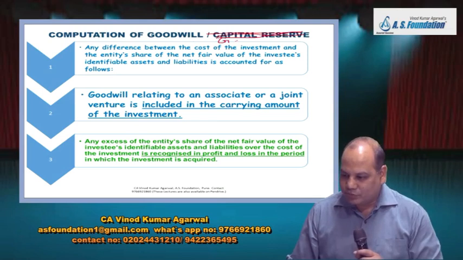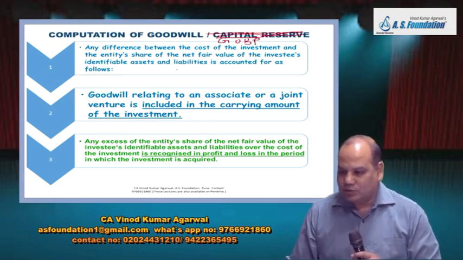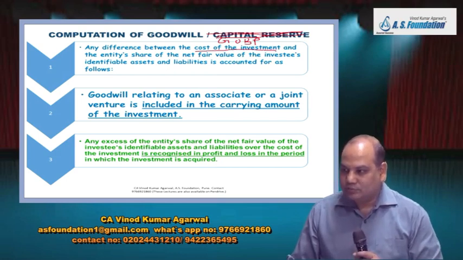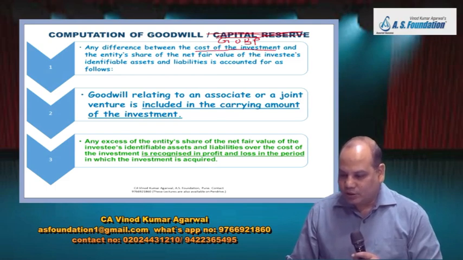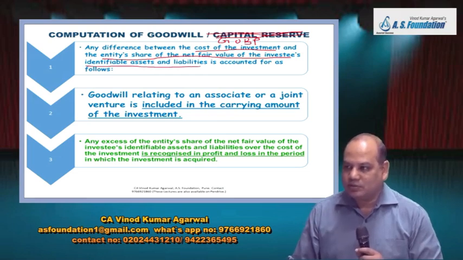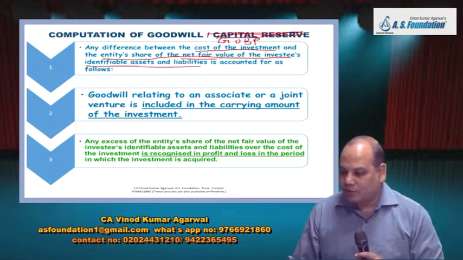And how do you do the calculation? You will compute the cost of investment. You will compute the entity's share in the net fair value of the investee's identifiable assets and liabilities. Here also we take fair value.